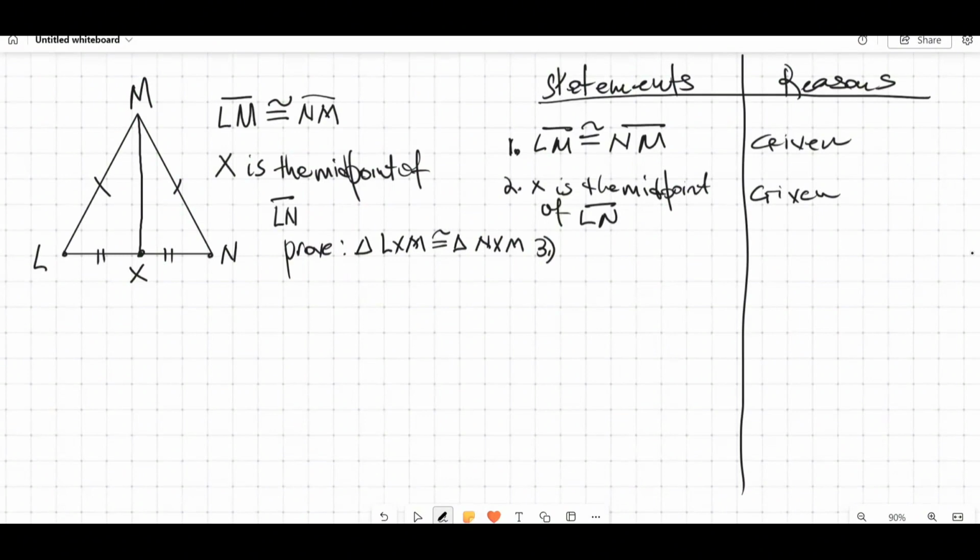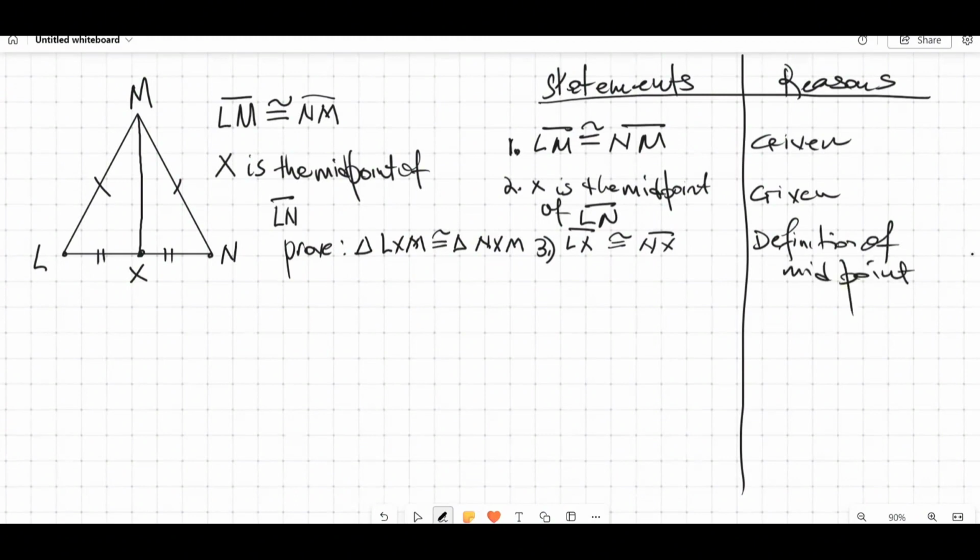So we can now state that LX is congruent to NX, and that is by the definition of midpoint.